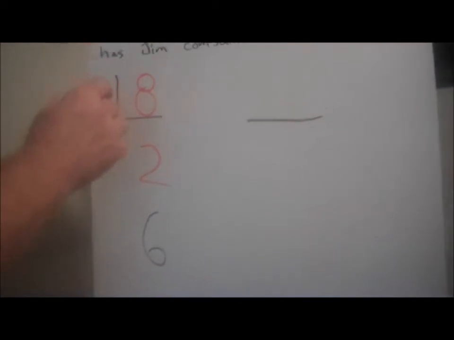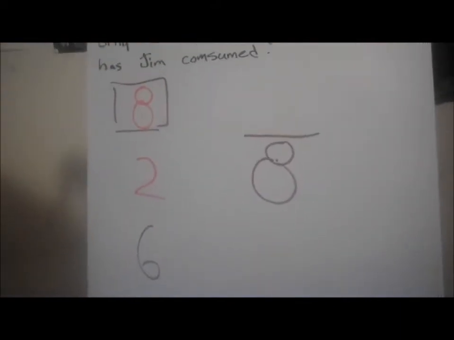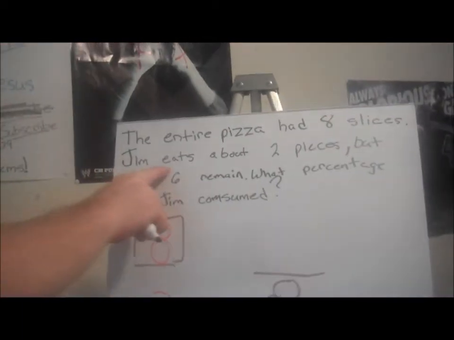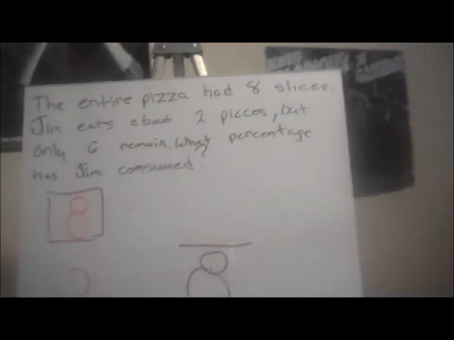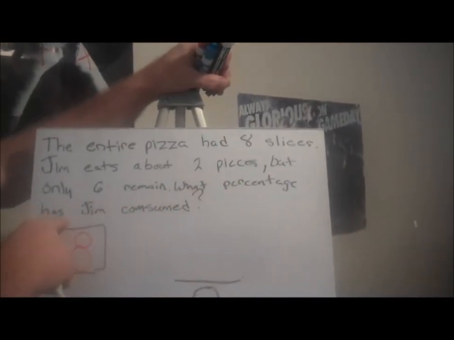So we're going to take 8 and put it in the bottom. Now, we can either put the 2 or the 6 here. Let's go back to the problem again. It's usually a good idea to read the problem 2 or 3 times before you actually start working the problem. Jim eats about 2 pieces, only 6 remain. What percentage has Jim consumed?